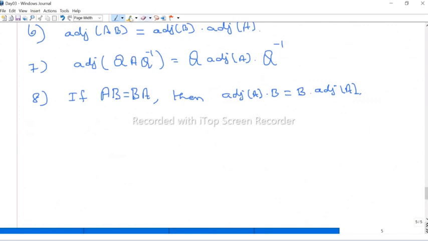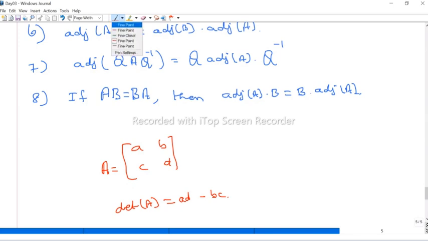Maybe sometimes they will ask this. Suppose you take a 2 by 2 matrix A, B, C, D, and we know the determinant is the number AD minus BC. But what does this determinant geometrically represent? It is the area of a parallelogram.